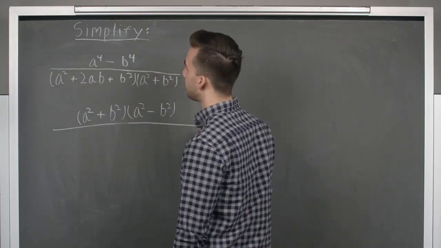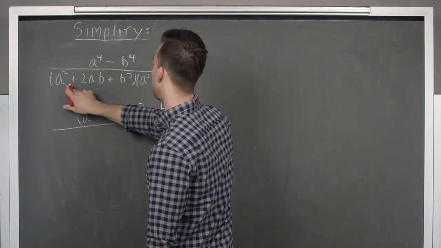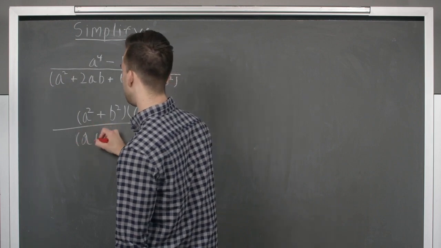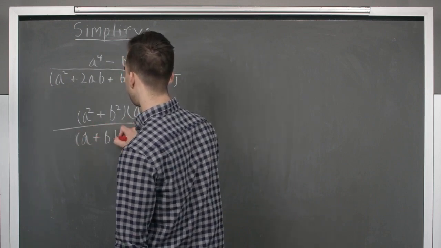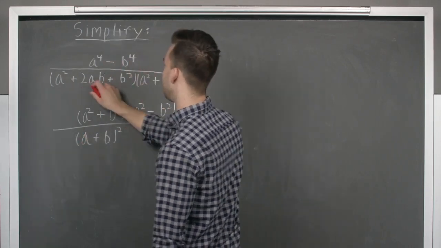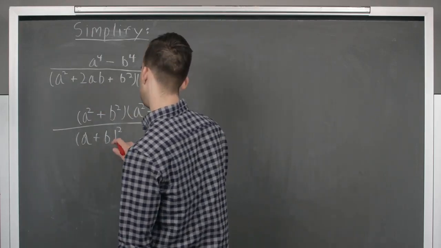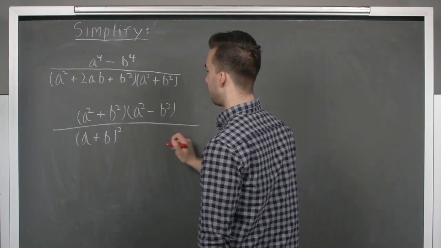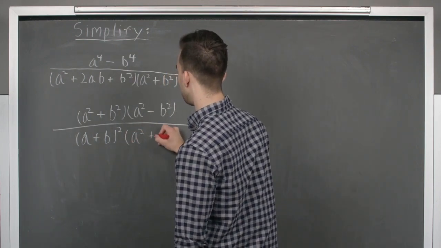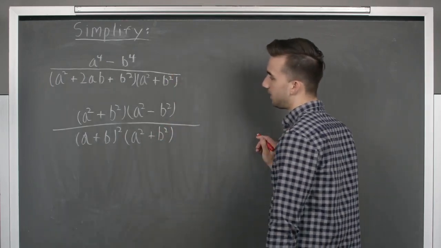So we can just write this as a plus b squared. Square root of the first term plus the square root of the third term, because they both add up to 2ab. So we can write that as a plus b squared, and then here we have a squared minus b squared again, plus b squared. So now, what should we do next?